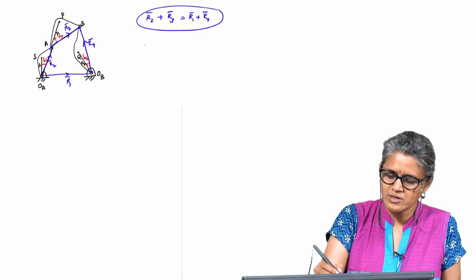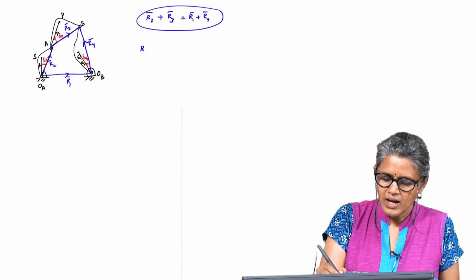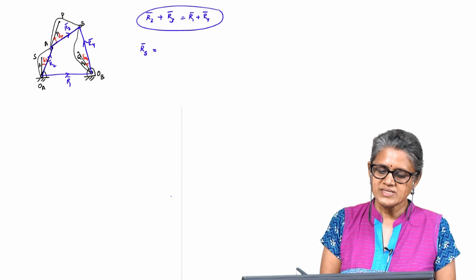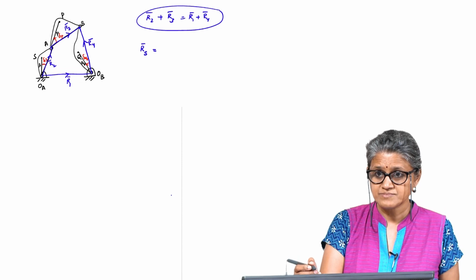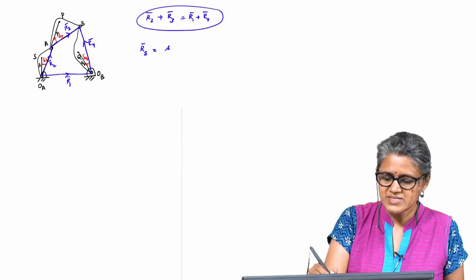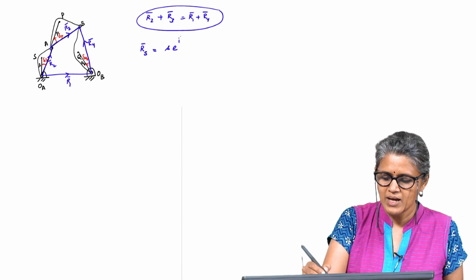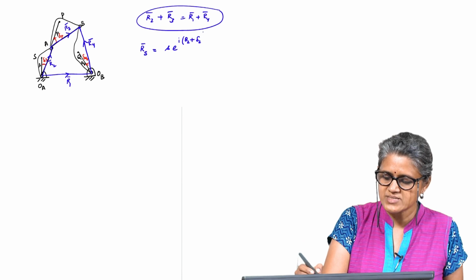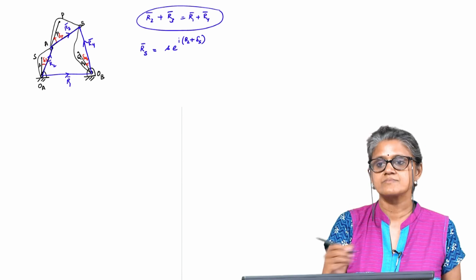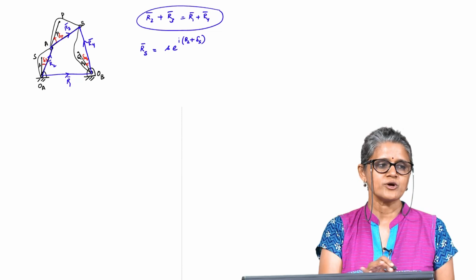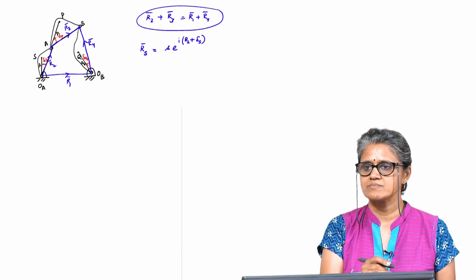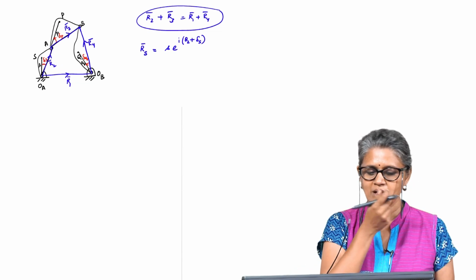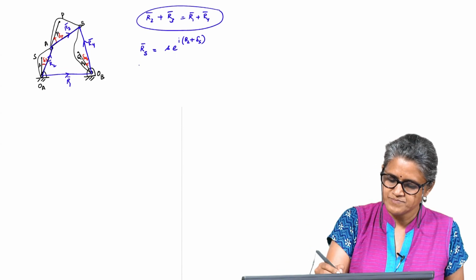Here if I want RS, RS is basically S e power I of theta 2 plus delta S. So, any point on the input link, very straightforward. Once I know theta 2, and I know the distance of the point from the origin, I can find that.